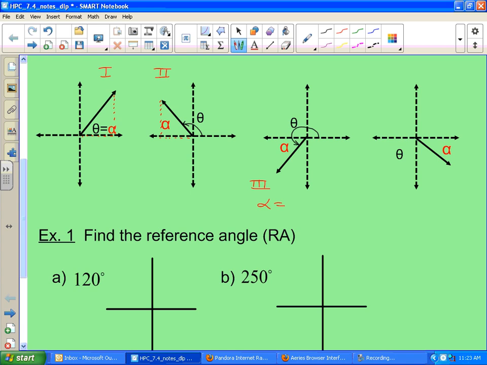Theta. So theta takes us all the way to the mark, and I want to back up. I want to spin negative rotation-wise. I want to subtract from that the 180. So if I've gone all the way around, and then I remove from it 180 degrees, I will find what's left over here for my alpha.